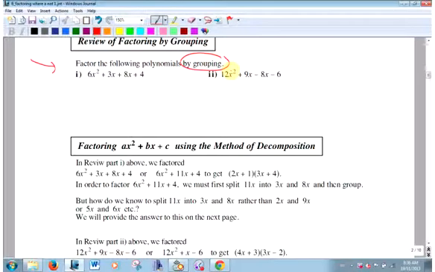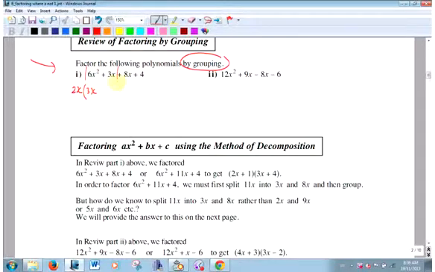When you see those words, that means, what do you take out of the first two? What can I take out of here? I can take a 2 out of 3 and 6, and I can take an x out of x squared and x. Okay? And how many times does 2x go into 6x squared? Okay, 2 goes into 6 3 times. X goes into x squared x times.